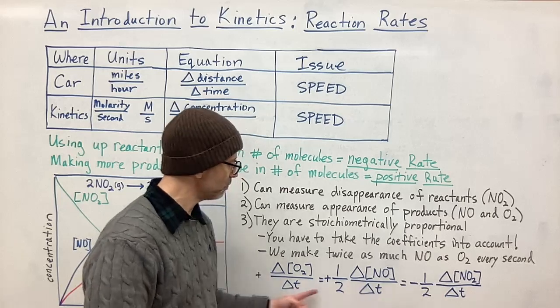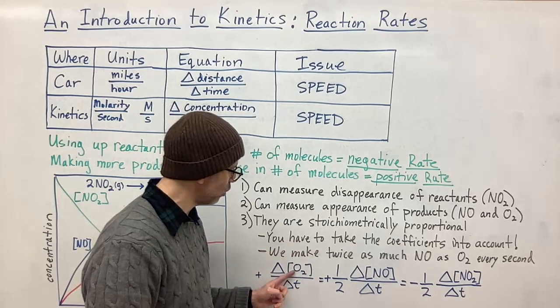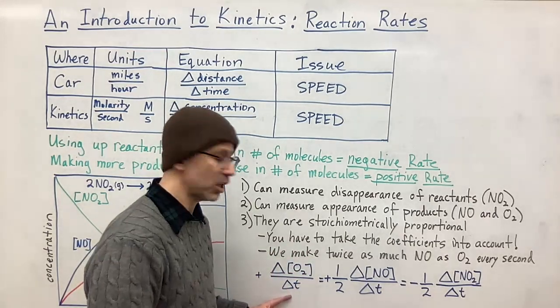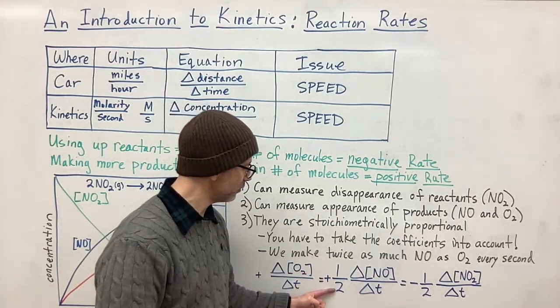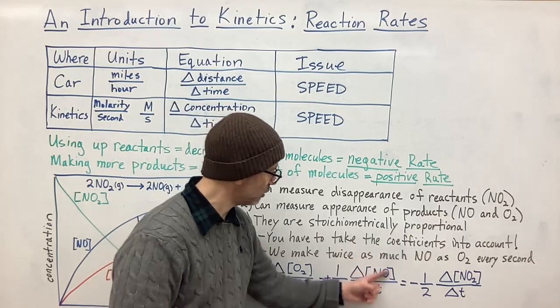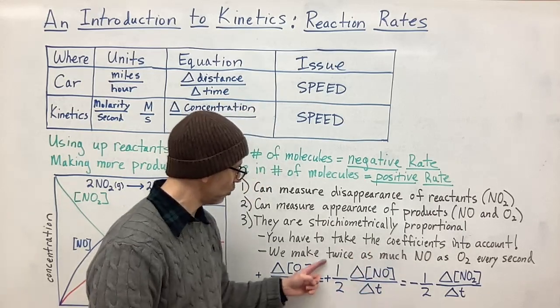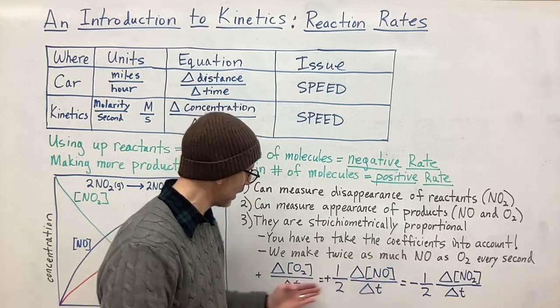Then they're equal, right? So the change in the concentration of O2 over time is going to be equal to 1/2 the change in the concentration of NO over the same time. That's making them equal.